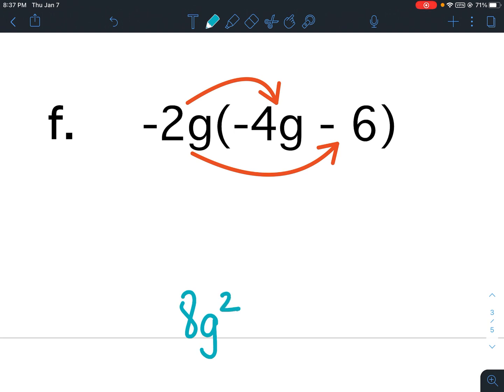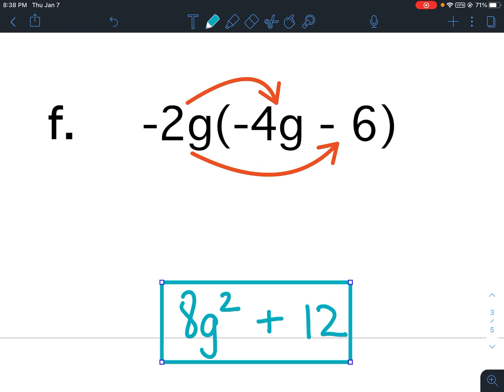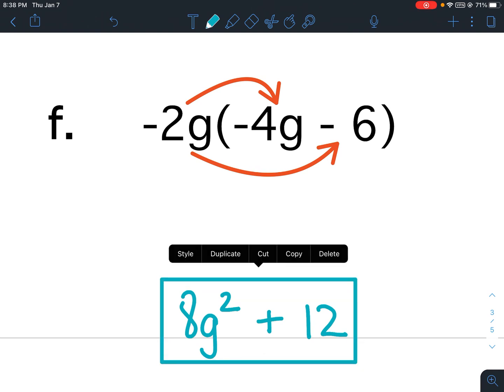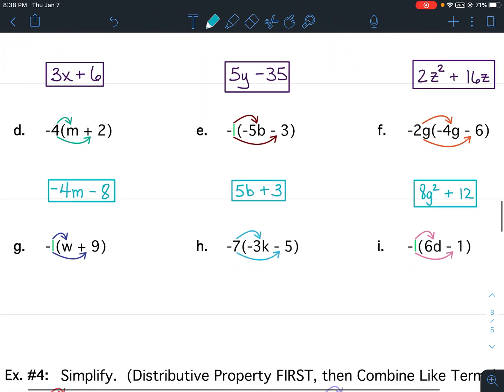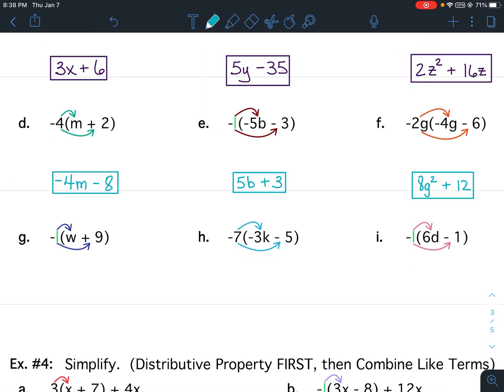And then -2 times -6, because don't forget that means that's a -6. Two negatives would give me positive 12. All right, so go ahead and check your D through F. Make sure you have all that written down.